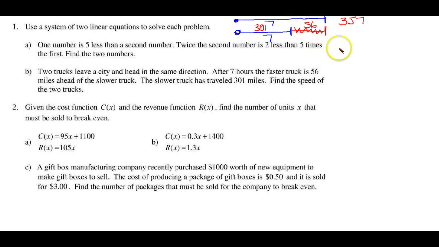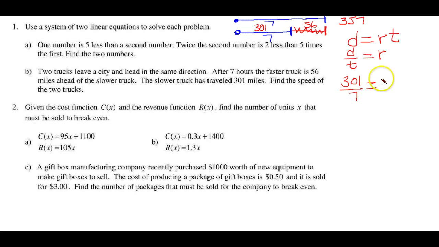So for this, I would suggest we just use the distance formula. Distance equals rate times time. And again, I thought about this already. And we want to find the rate. Well, the rate, if we solve for rate, is distance divided by time. And we have all the information here to solve our two equations. So for the slower truck, it's going to be 301 divided by 7.